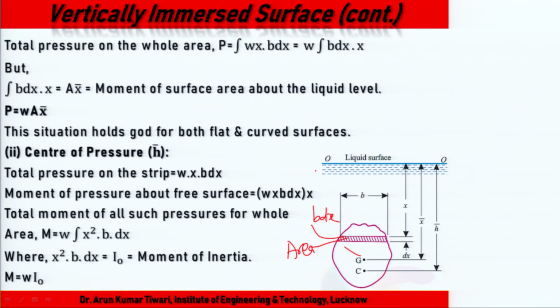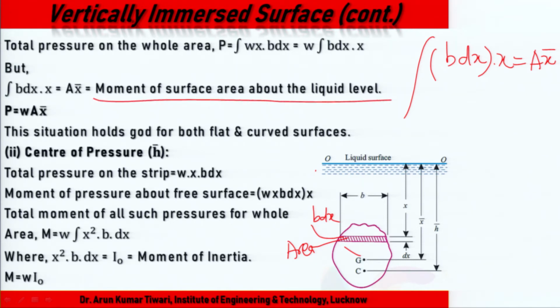If you integrate, this becomes A x bar, the total area into x bar, the moment of the surface area. So the total pressure capital P becomes W A x bar.